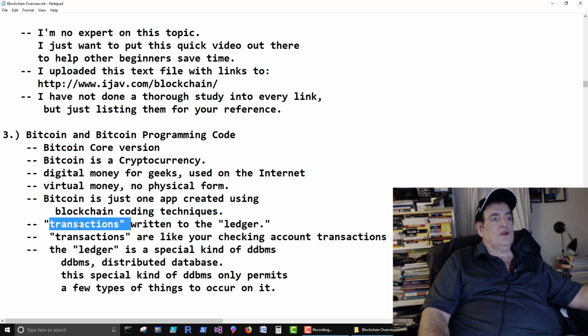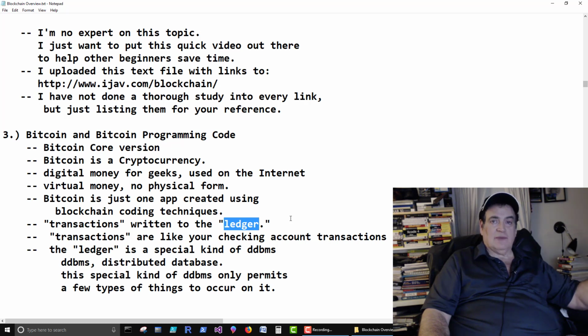And when Bitcoin writes that down, it writes it to what they call a ledger. That's the common phrase. That's the common word you'll see used a lot in this stuff. Bitcoin transactions are written to the ledger. Okay? So transactions are like your checking account transactions.